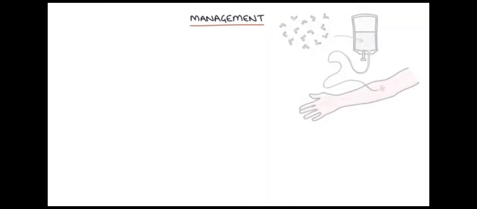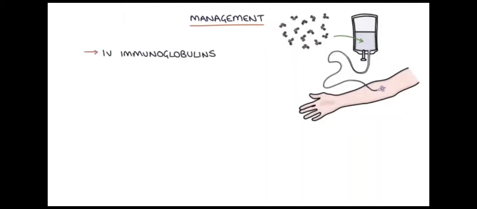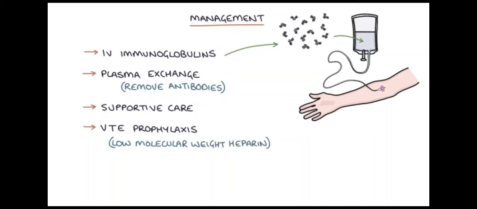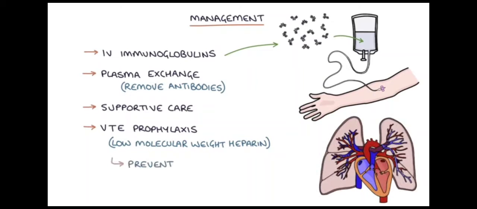Let's talk about the management of Guillain-Barre. It involves IV immunoglobulins, plasma exchange to try and remove some of those antibodies, supportive care to make sure the patient is still well despite having the associated weakness, and importantly, they need venous thromboembolism prophylaxis, so maybe low molecular weight heparin or enoxaparin, to prevent them from developing blood clots, because pulmonary embolism is a leading cause of death in Guillain-Barre syndrome.